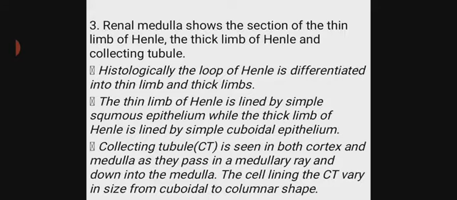The thin limb of Henle is lined by simple squamous epithelium, while the thick limb of Henle is lined by simple cuboidal epithelium. The collecting tubule is seen in both cortex and medulla as it passes in a medullary ray and down into the medulla, and the cells lining the CT vary in size from cuboidal to columnar shape. So these are all the histological features of the kidney.